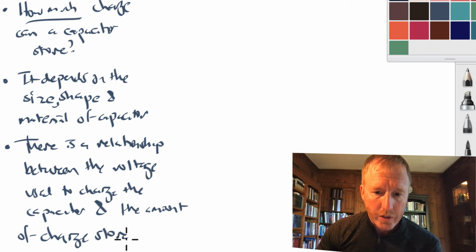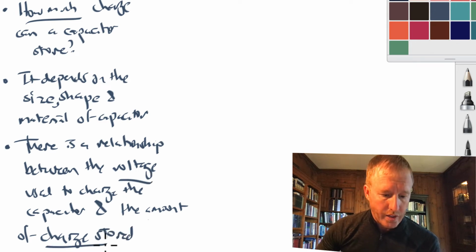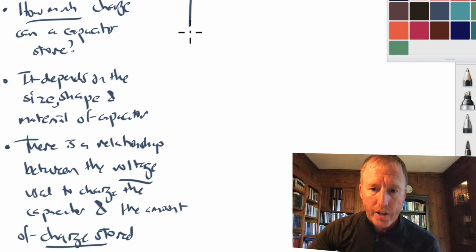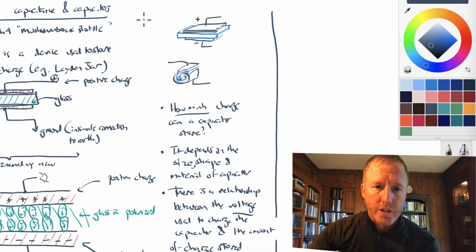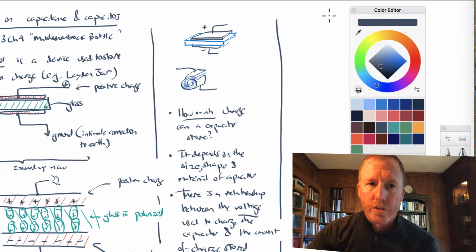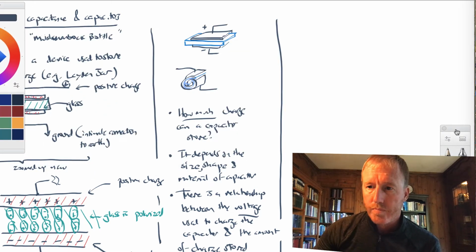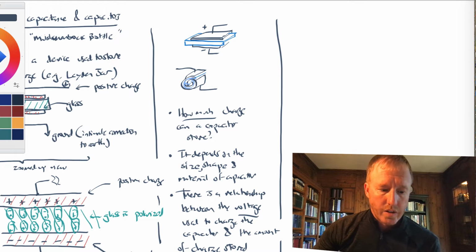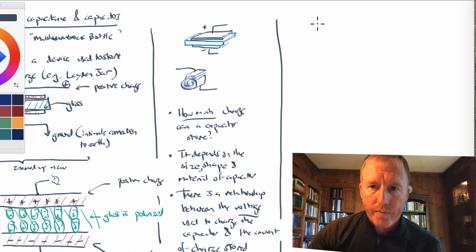There's a mathematical relationship between the voltage used and the amount of charge that is stored. And I'm going to write down this formula, and then I'll be more specific about what I mean by charge and voltage. Okay, so let me move this over to here, as well as this. Okay, and so here I'm going to write down the formula.